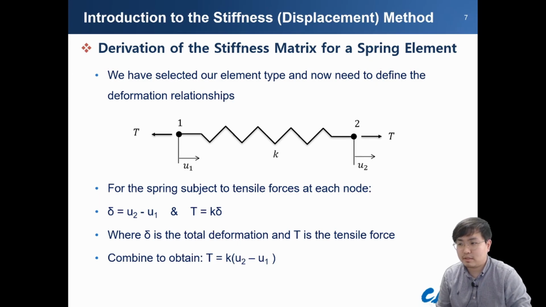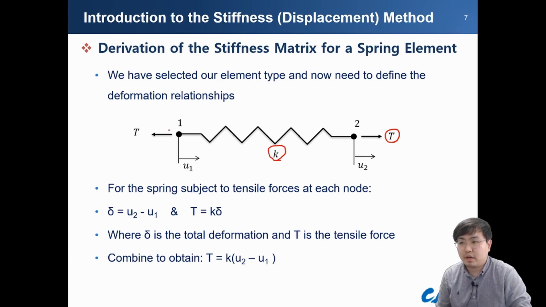So let's start. This is a spring element, and this spring element has a constant spring constant, here K. Let's assume that, and also we are going to apply some external force on the right hand side. Also point 1 can be fixed on the wall or by some clamp.